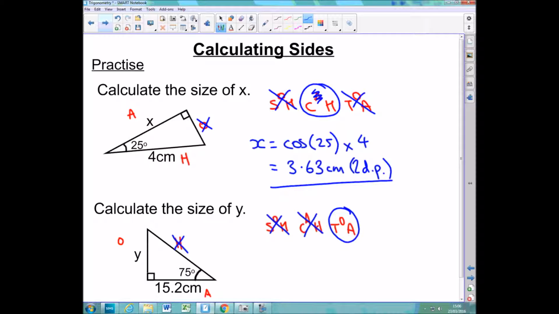So the Y is the side that I'm trying to find, which is my opposite. So in order to find Y, I need to do tan of 75 multiplied by 15.2. Okay, so working this out on the calculator and rounding to 2 decimal places, I get 56.72 centimeters to 2 dp.